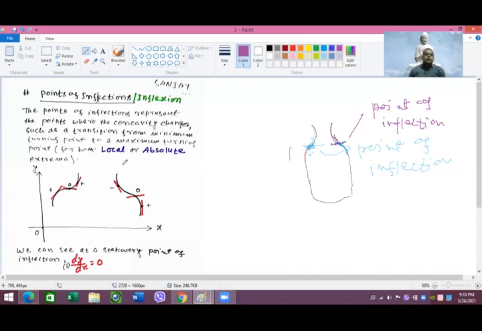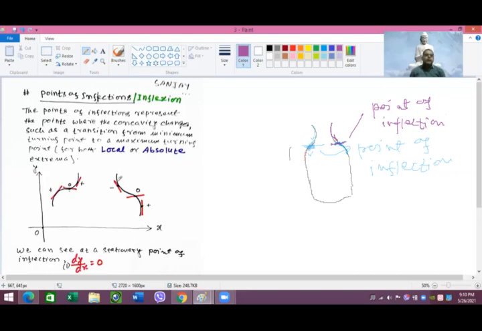Now let's go into the mathematical interpretation of the point of inflection. This is a kind of curve on a given axis. Here you can see the gradient is positive, and then this is parallel to the x-axis. That means the gradient is stationary here, although this is not a local maximum or minimum. And here the gradient is again positive. So the gradient starts from positive, goes through 0, to positive again.